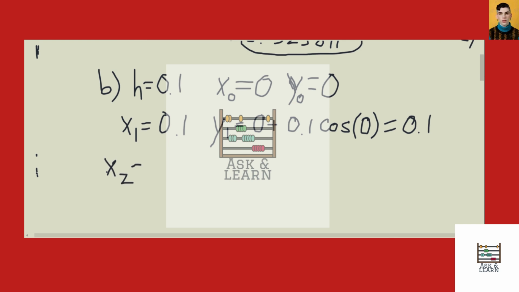x2 is equal to 0.2, and y2 is equal to y1 plus step size times our function evaluated at x1 plus y1. This is going to be 0.2.